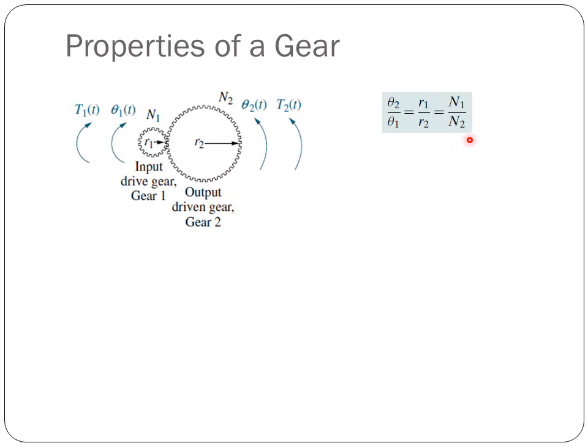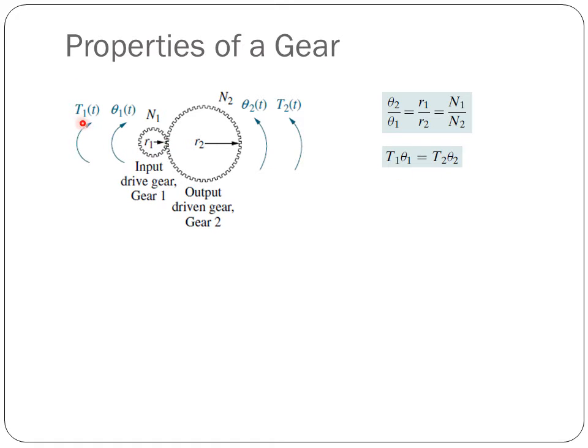So this is the first thing we have to remember. You can see this is inversely proportional. Theta is inversely proportional to number of teeth. That means if number of teeth reduces, theta 1 will increase, and so on.